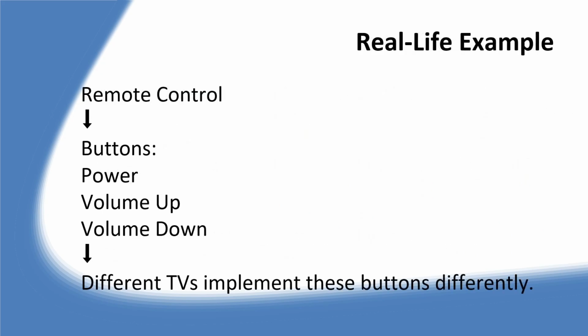So this is a real life example. Imagine a TV remote. Every TV has power, volume up and volume down buttons. So these are the buttons we have on the remote.